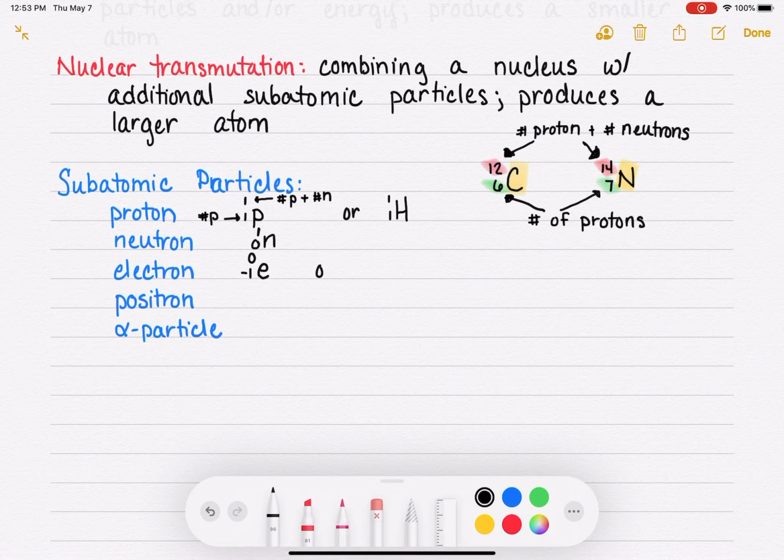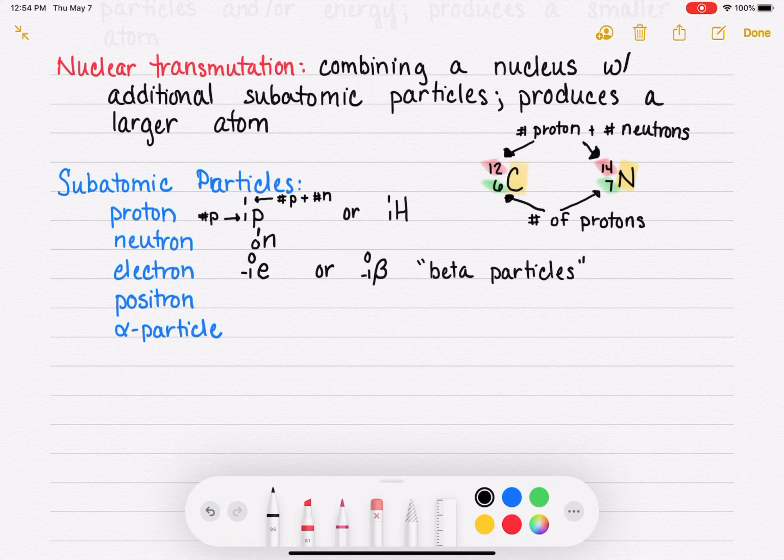We also occasionally will write the symbol for the electron using the Greek letter beta. Sometimes electrons are called beta particles. In fact, when we're in nuclear chemistry, it's more common for them to be called a beta particle than for them to be called an electron.